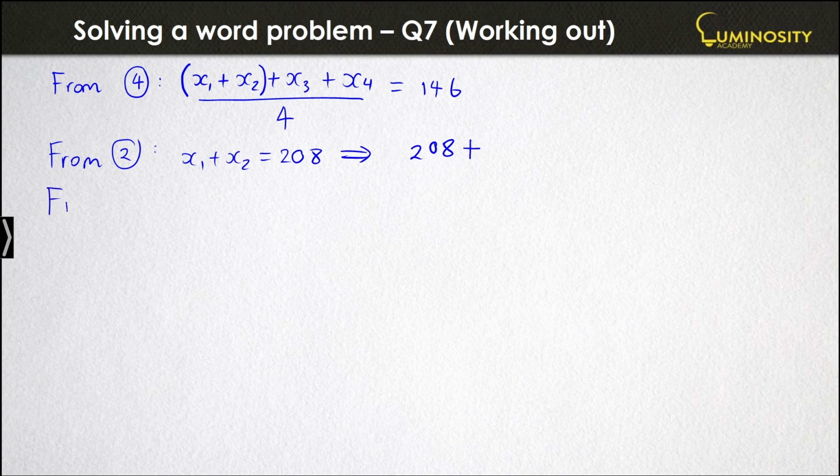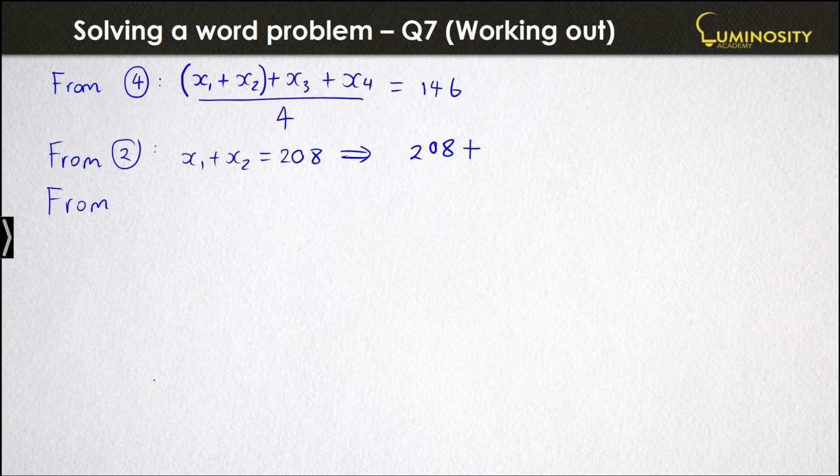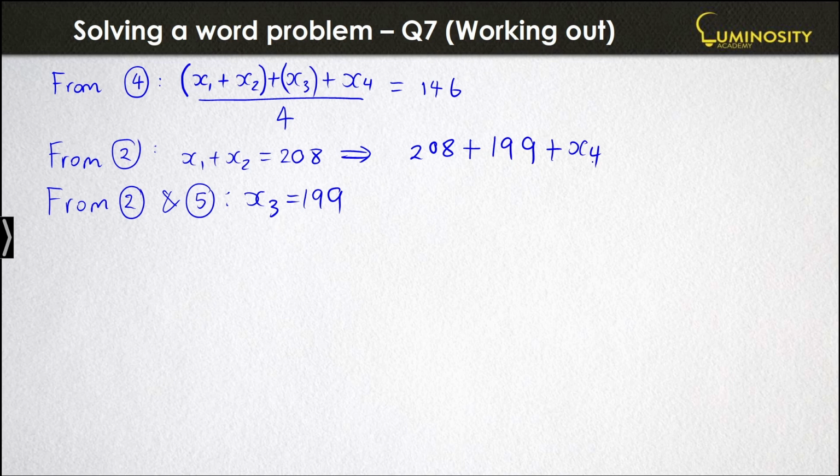But also, we just worked out the value of x3 from equations 2 and 5. So from equations 2 and 5, we worked out the value of x3 to be 199. And would you look at that? There's an x3 there. So I'm going to put that as 199. Plus x4, which is the variable we're looking for, the fourth score of the fourth game, divided by 4 equals 146.